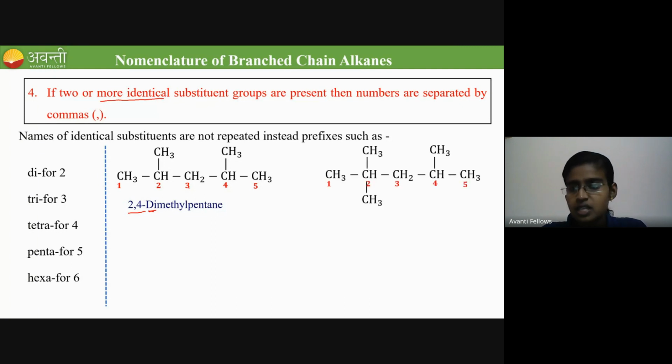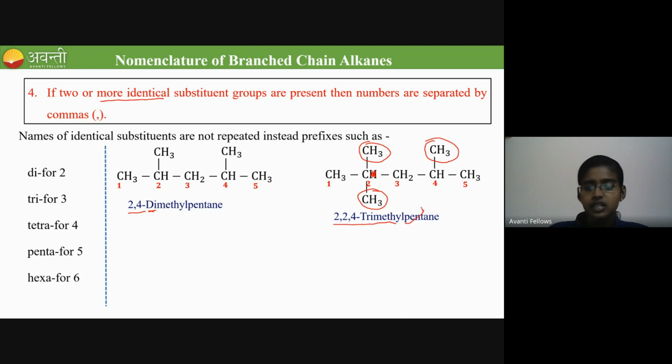And in the second example, to the second carbon, 2 methyl groups are attached, and to the fourth carbon, only 1 methyl group is there. So totally we are having 3 methyl groups. What is the name? 2,2,4-trimethylpentane. So this is your prefix, pent is the root word, and ANE is the suffix.